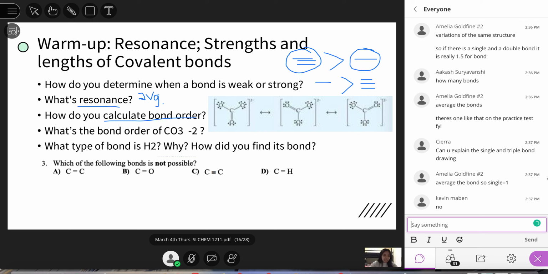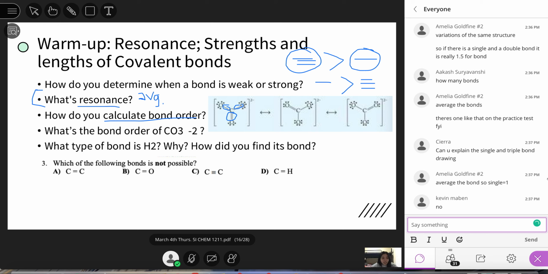Just know average: the structure is the average. That's all I'm saying for this. If you have your own resonance structure definition, that's fine as well. And then calculate bond order. I don't think anyone really knows it, so I'm just going to say it's the total bonding pairs, and then you subtract by the number of atoms bonded to the central atom.